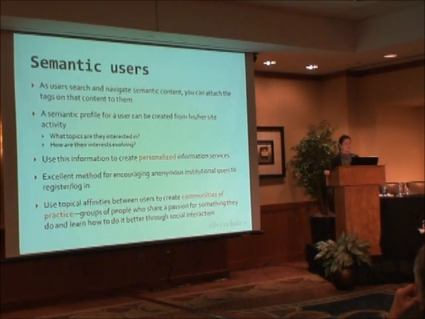You know what they're interested in over time, and you also know how their topics might be evolving. And you can use this information to start to create personalized information services for them. You can deliver them targeted alerts for marketing. You can deliver them maybe even customized home pages that notify them about new content that's been added to your collection since the last time they visited your site.